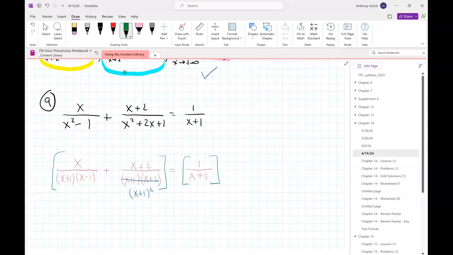It has to be the least common multiple of the denominators. So how many distinct factors do you see in our denominators? I see 2. I see x plus 1s, and I see x minus 1s. Everybody agree?